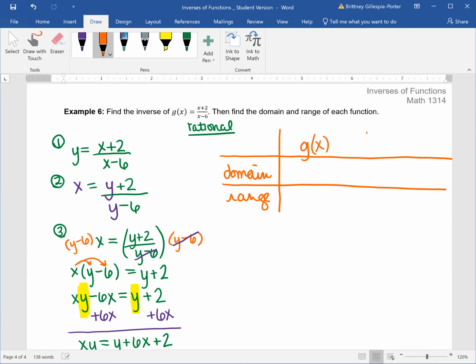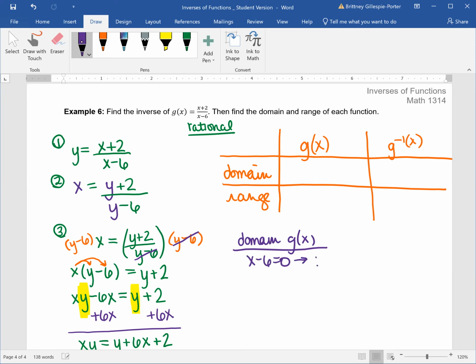Remember that we're using g of x and g inverse of x. So if we start with the domain of g of x, take your denominator, set it equal to 0. We find out that x cannot be 6.